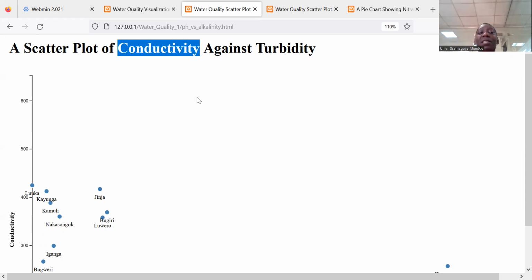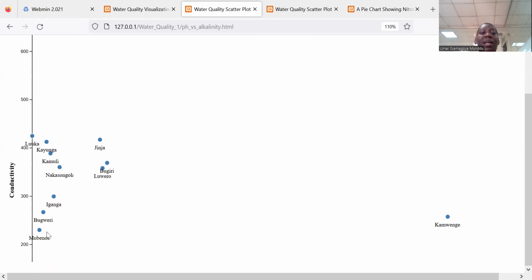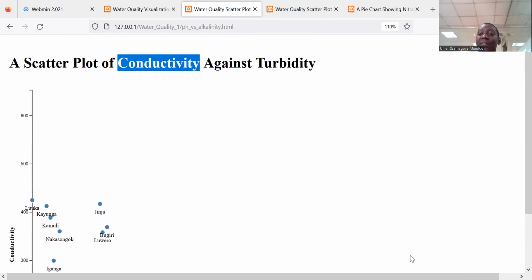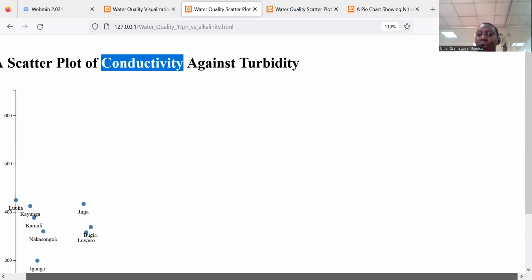So when you find a district like Mubende or maybe Kamwenge, I'm looking at conductivity, maybe like Luka, I think it has the highest conductivity, and also Lamo.